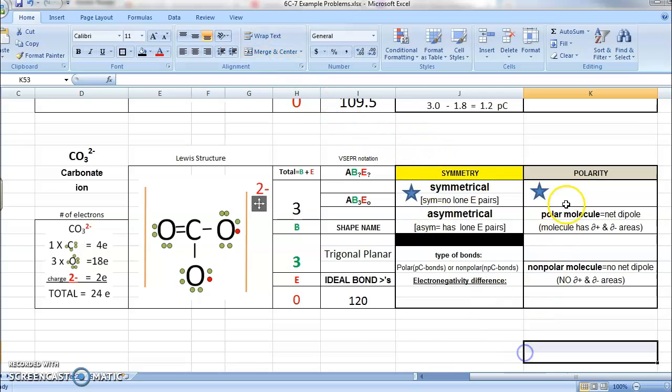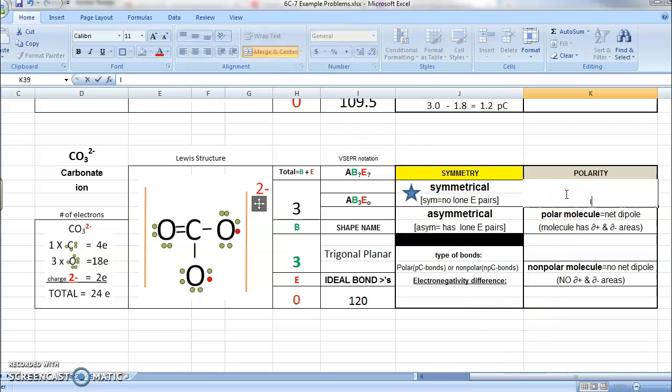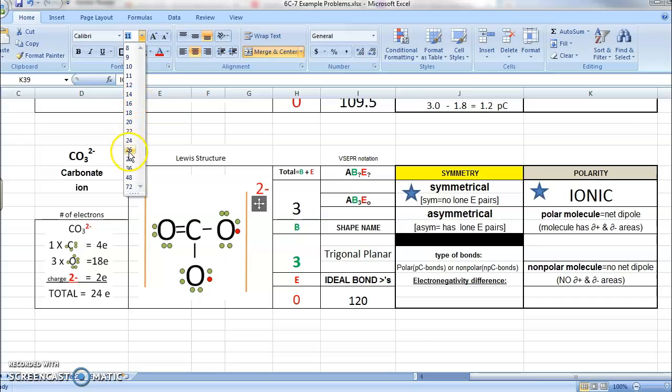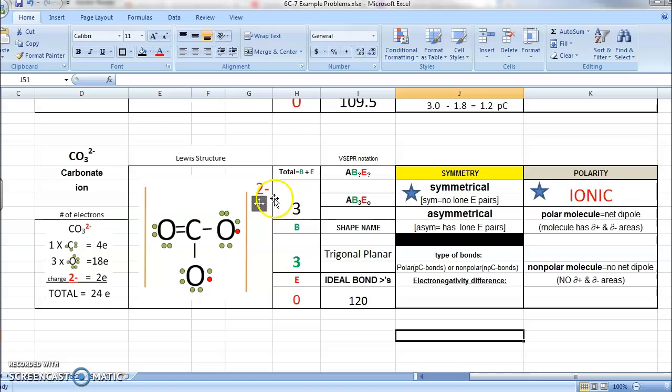But there's a much, much stronger force on this molecule. Folks, it doesn't matter whether this molecule is polar or nonpolar. This molecule has a full charge to it. This molecule is ionic. It's 2-. That is much stronger than if it was polar or nonpolar. So when there's a charge here, you can go to the polarity. It isn't polar. The molecule is fully ionic.